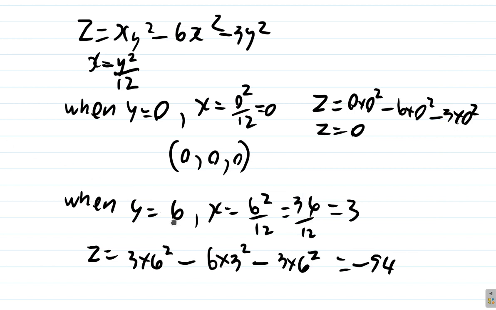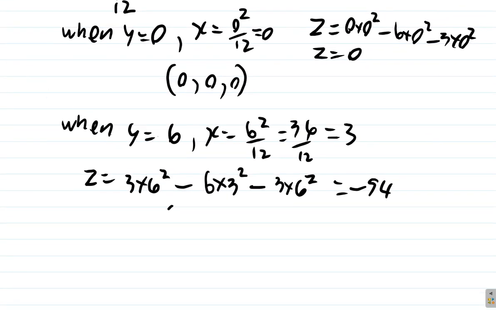So another point is located at x equals 3, y equals 6, z equals negative 54.